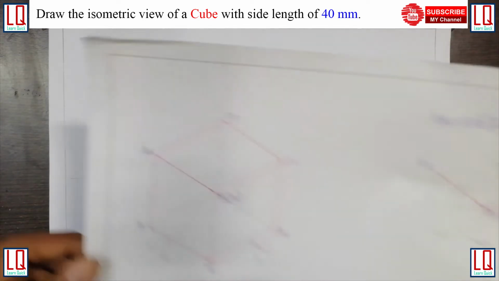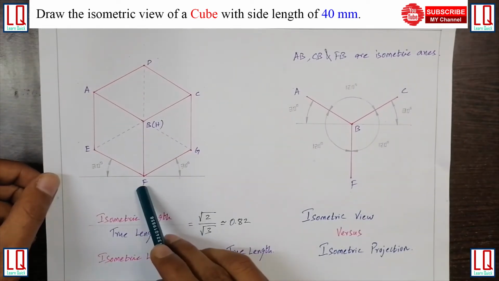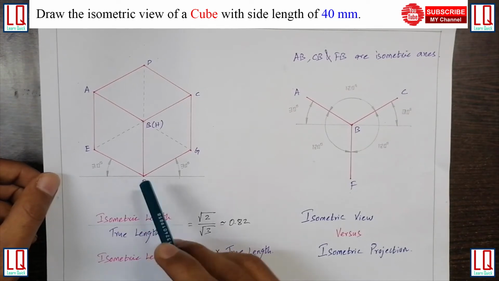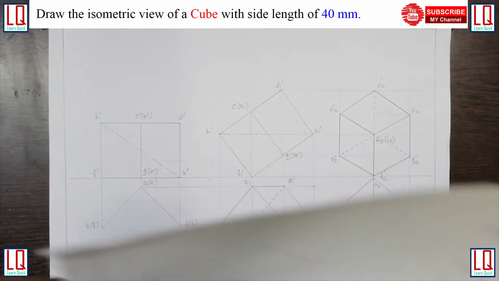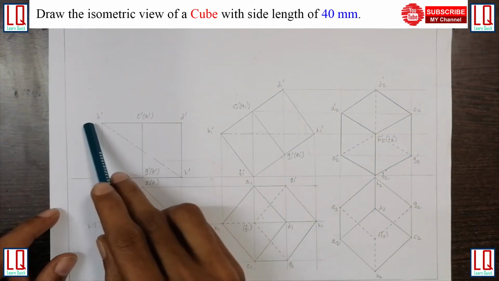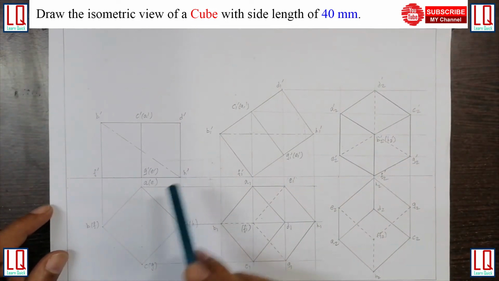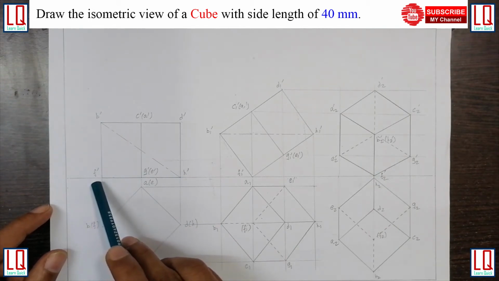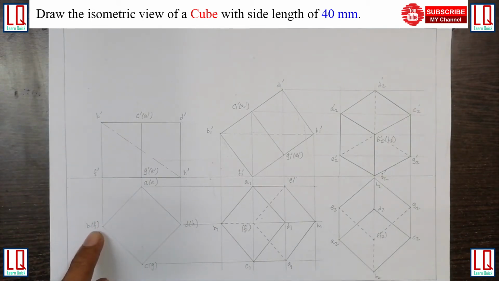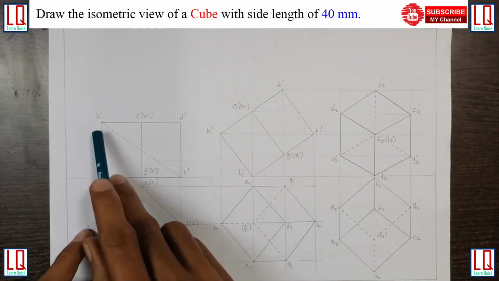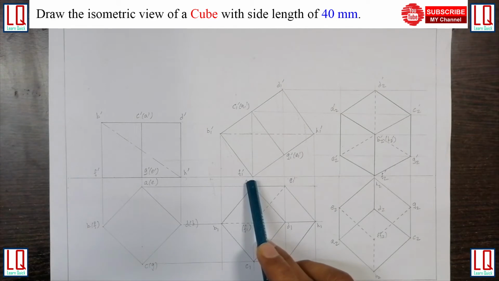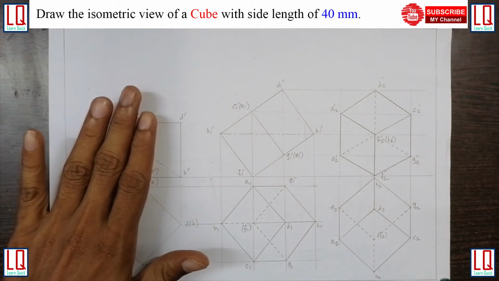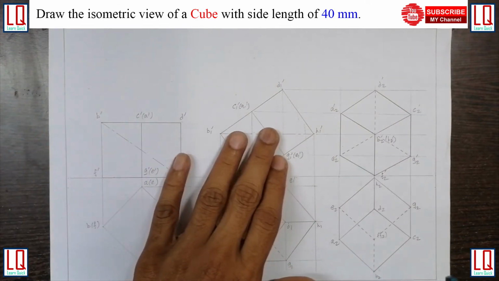Because in my previous drawing, the corner F is resting, and B and H are the diagonal connecting. So here also I kept B and H diagonally connected, and the corner F is going to be resting, so I kept the corner F on the left. So now this diagonal B and H is made horizontal and F is resting. So from step 2 I have moved to step 3.